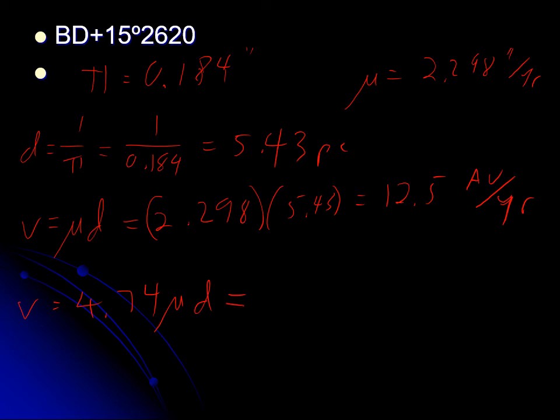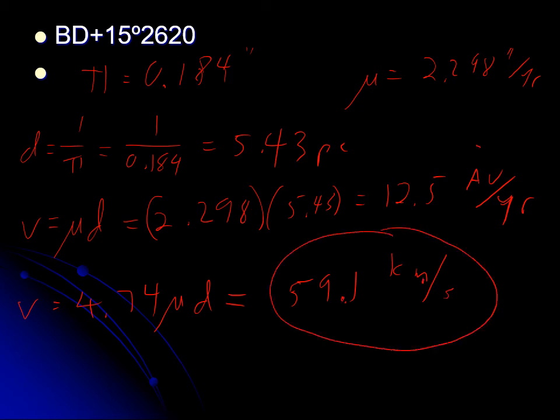So that's going to be equal to about 59.1 kilometers every second. So that's how fast this star is moving. That many AU per year, that many kilometers per second flying through space.